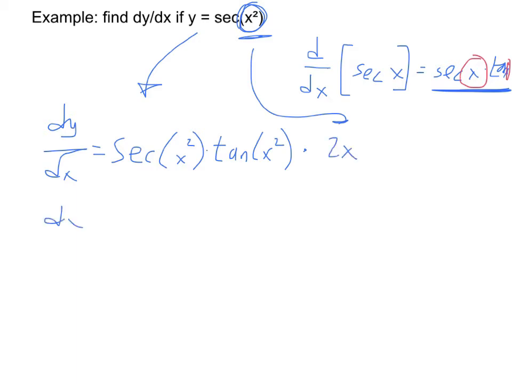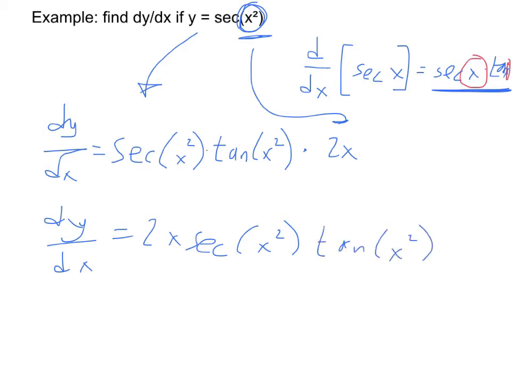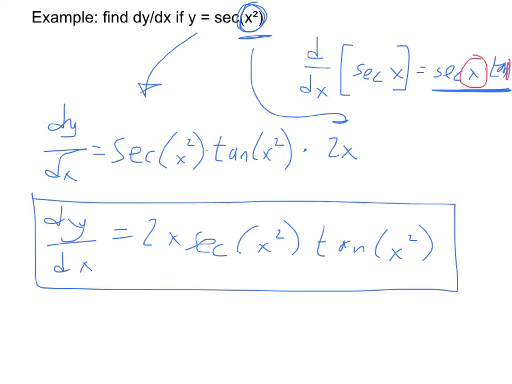If it was me, I would probably put that 2x in the front. I would get dy dx is 2x secant of x squared times the tangent of x squared. I use this as a way of mentioning that handout of derivatives and integrals still totally applies, still super valuable. So use it, know it, memorize it.